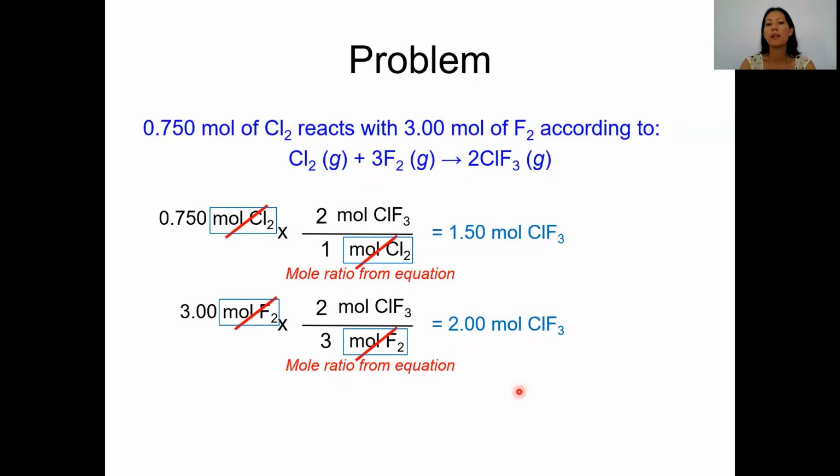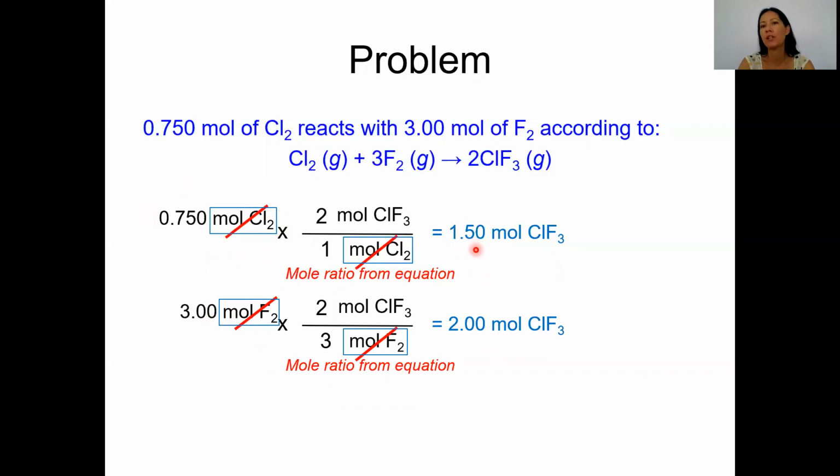Those cancel, and I get 2.00 moles of chlorine trifluoride. So looking at this, if all of this chlorine is used, I can make 1.5 moles of product. If the full 3 moles of fluorine is used, I can make 2. Which of these is going to occur? Only the upper one, because you're limited by the amount of chlorine. You don't have enough chlorine to produce 2 moles.